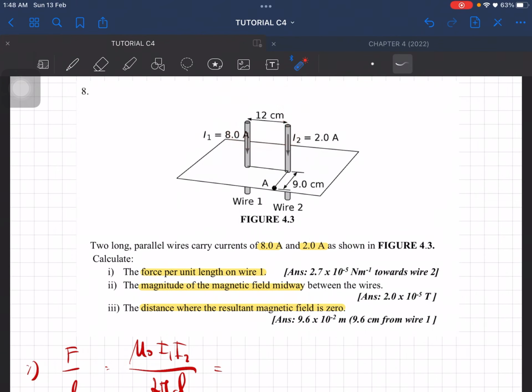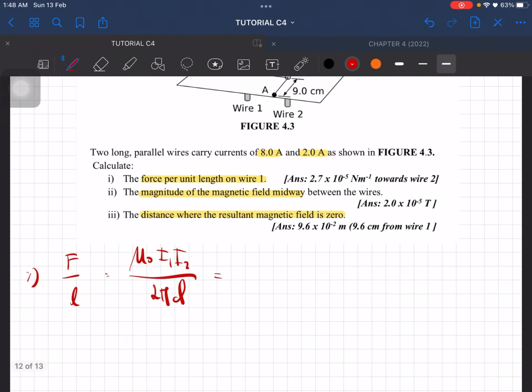So from here, substitute all the values and you should get the solution to be equal to 2.7 times 10 negative 5 Newton per meter.